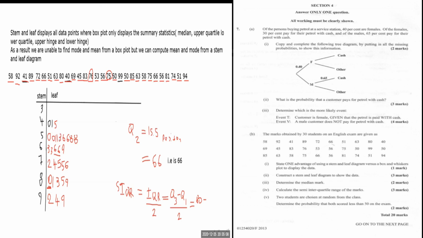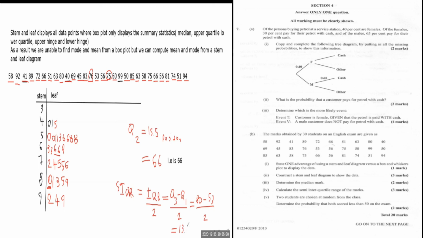So this is what I'm getting for Q1. Q1 is 53. So the semi-interquartile range is 80 minus 53 over 2. So what is the semi-interquartile range? It is 80 minus 53 divided by 2, which is 13.5.